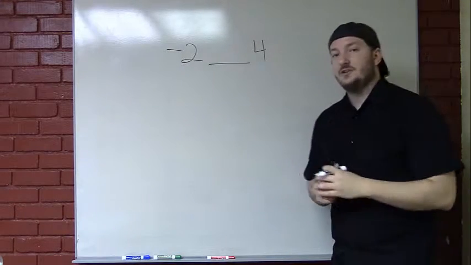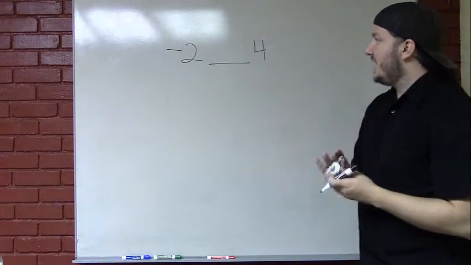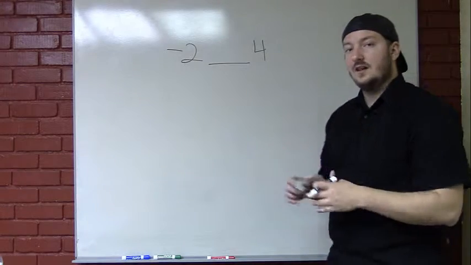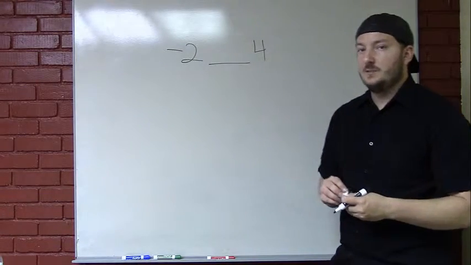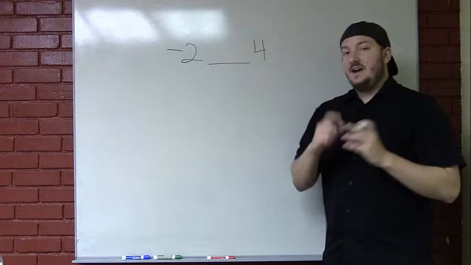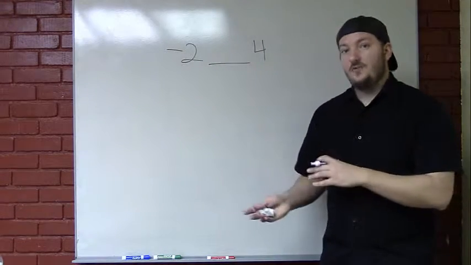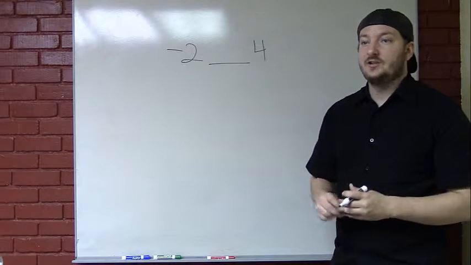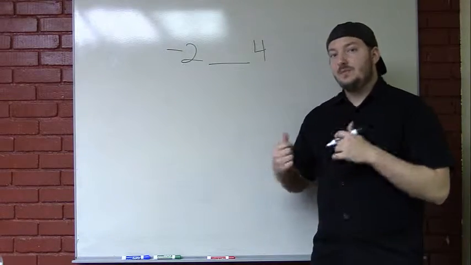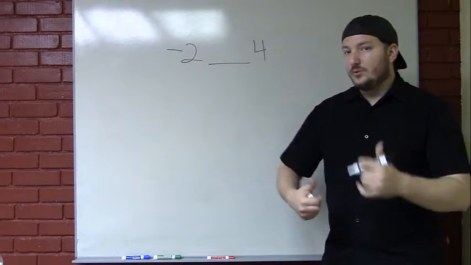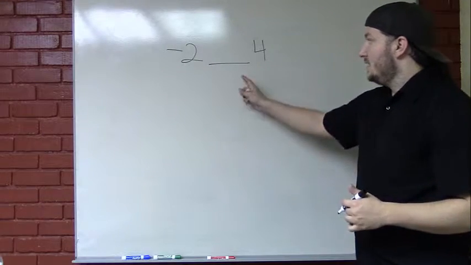So I'm going to give you a second to try to figure out which way you are going to put the symbol. And again, hopefully you're writing these examples down, following along, and doing it yourself. Try to answer them before I give you the answer, and you'll really know if you're understanding it or not.